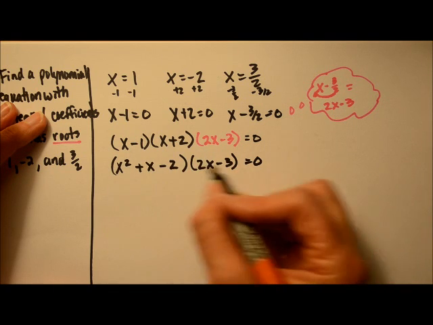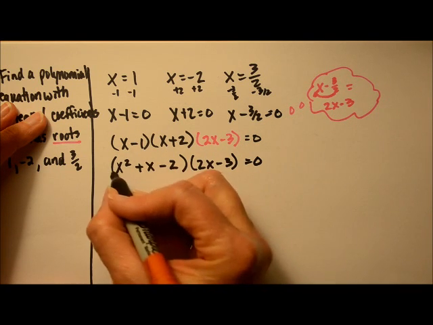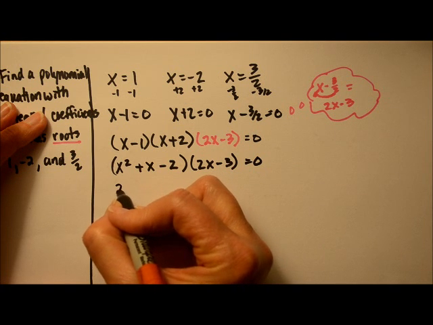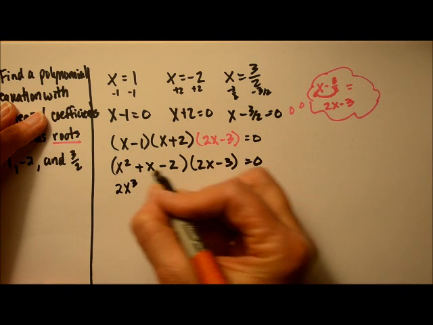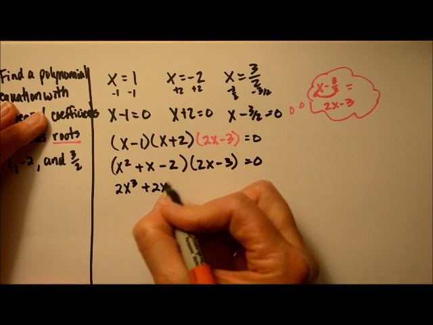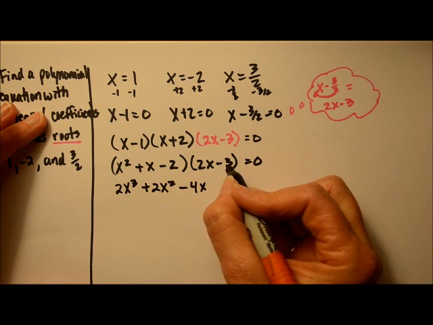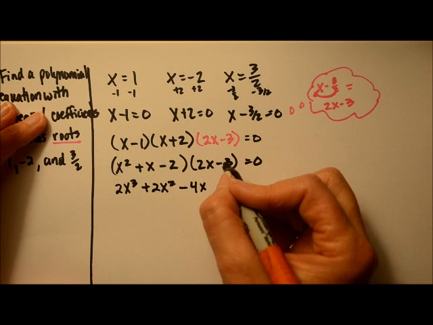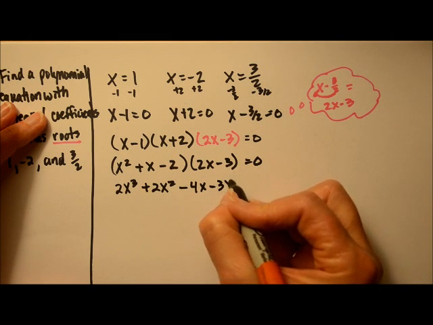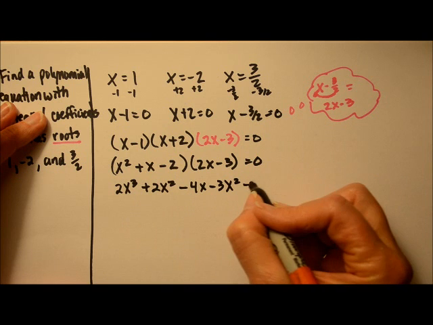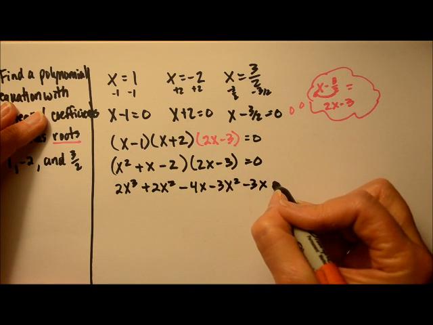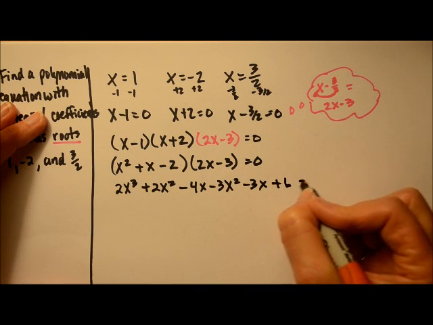I'm just going to distribute. 2x times x squared is 2x cubed. 2x times x is plus 2x squared. 2x times -2 is minus 4x, and then I go with the negative 3. -3 times x squared is -3x squared. -3 times x is -3x. -3 times -2 is a positive 6.